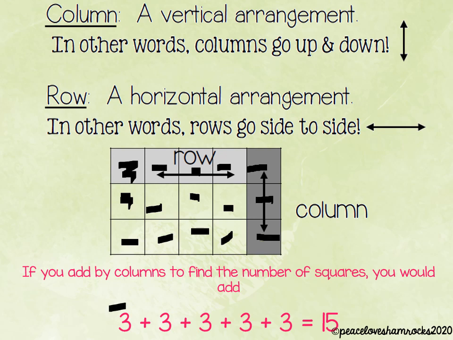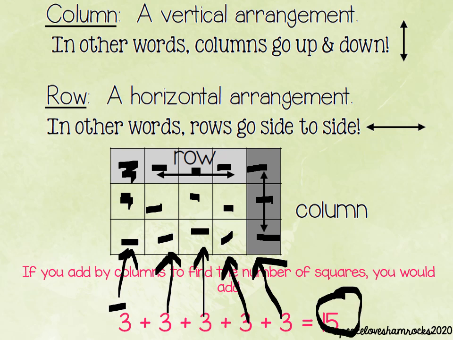So I could add 3 plus 3 plus 3 plus 3 plus 3, and I would get 15. You'll notice that it's the same amount as we counted before when we counted 5 plus 5 plus 5. This is just another way of doing it. In this case, I'm counting the columns, and just before we counted the rows.